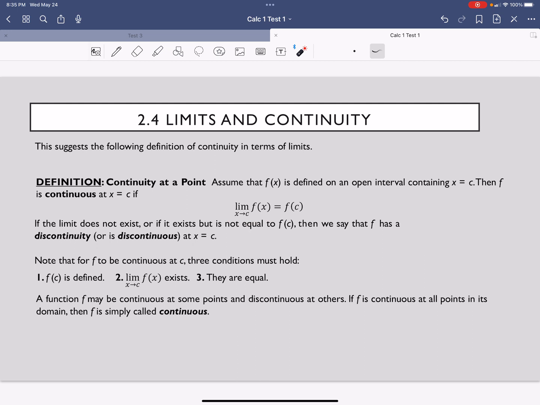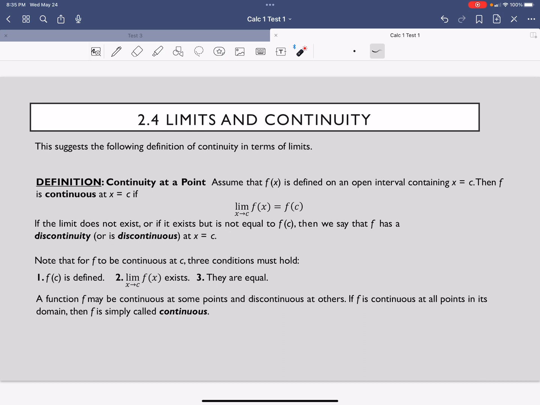These are the three things that must happen for something to be continuous. Our f of c has to be defined, that means there's a value there. The limit has to exist, and they're equal.